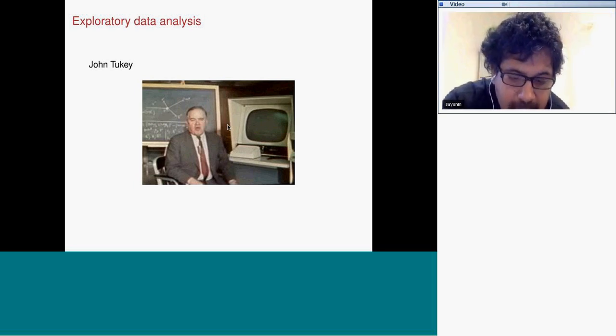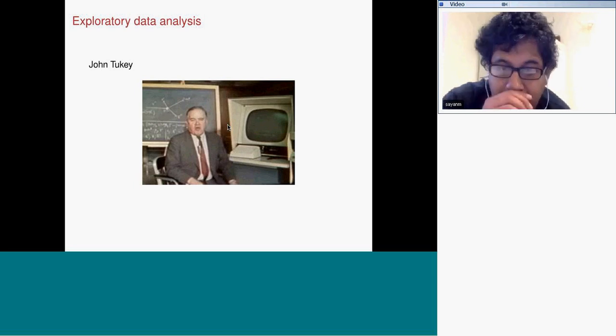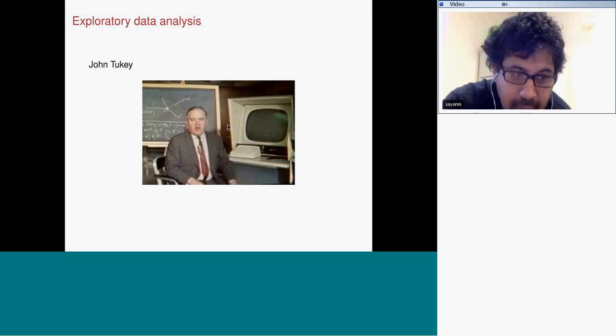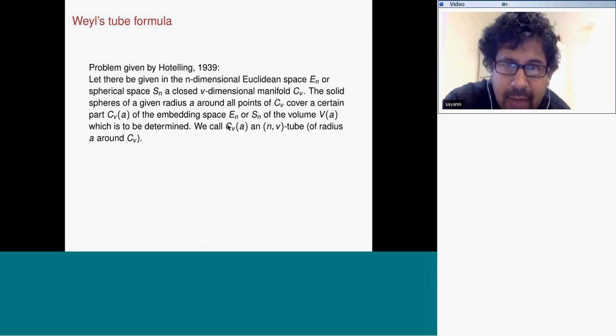One of the things people have observed early on is that topological data analysis does a very good job in exploratory data analysis, and I'll give a few examples of that. But I also want to highlight and stress that it can also be used for formal statistical reasoning, and I'll get back to that.